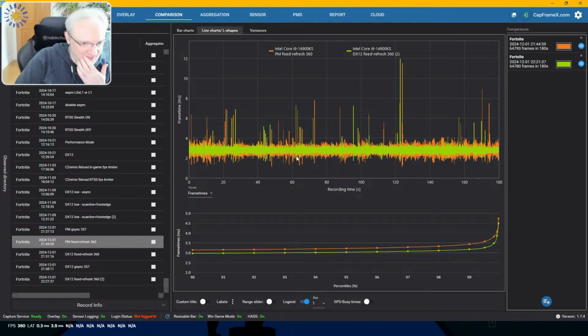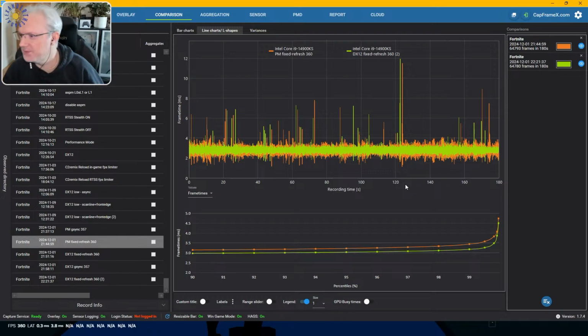Performance mode has better latency. DX12 has better smoothness, FPS. And according to this, the frame times at the top end of the spectrum are a bit better in DX12. So you think DX12?